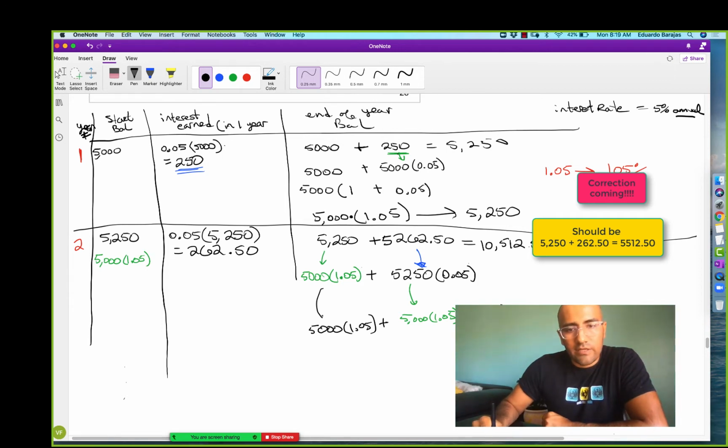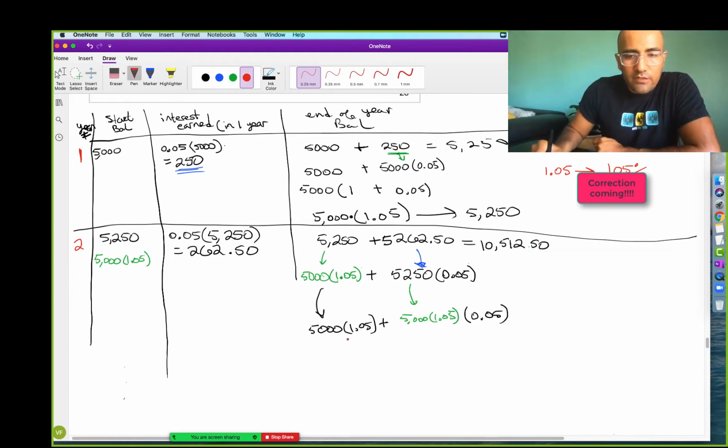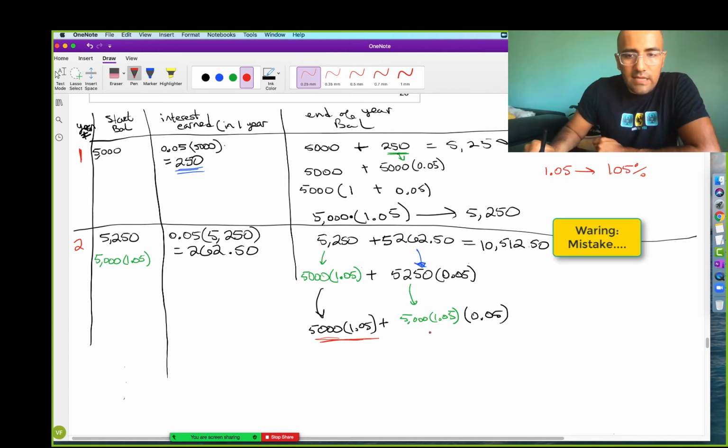Okay, so this I just copied down. Here, the 5,250, I replaced it with 5,000 times 1.05. And then once again, we can see that we can factor these two. This is identical to this, so we can factor it out. Put it out here on the outside of the parenthesis, 5,000 times 1.05. And then on the inside, we have this plus this, right?